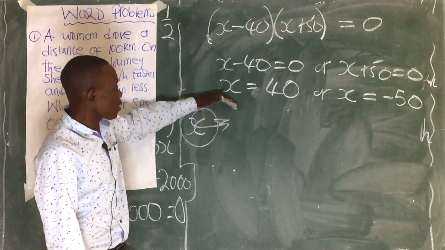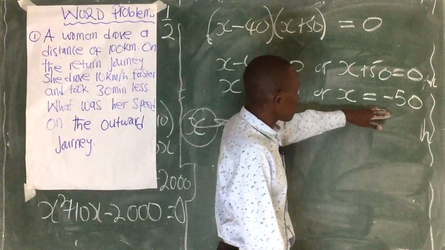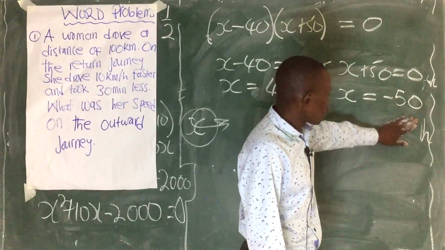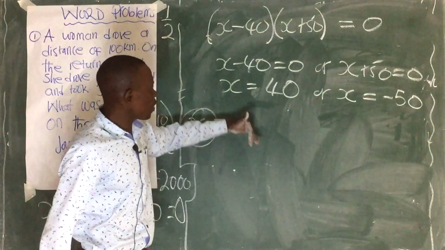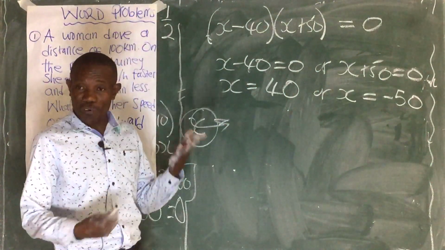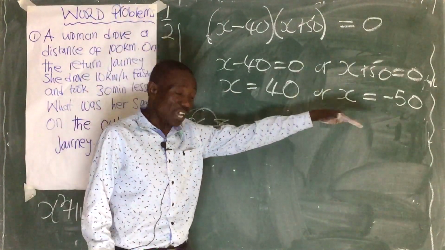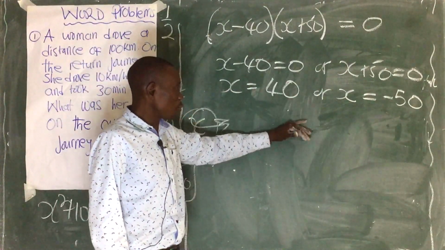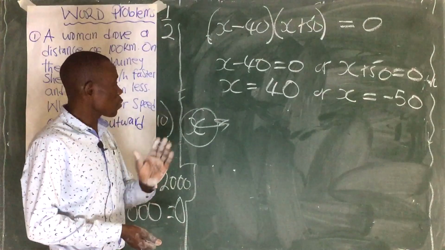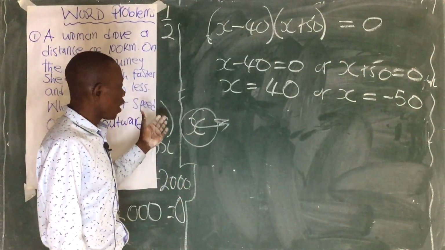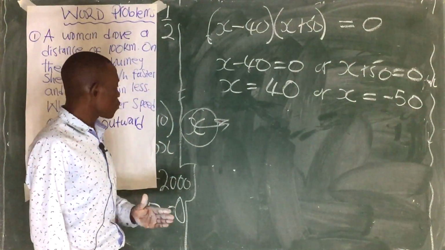Here we found x equal to 40 or x equal to negative 50. In a real-life situation, the method of solving a quadratic equation just gives you the values, x is this, x is that. Now it comes to you to decide, because you cannot have two values of a particular quantity.